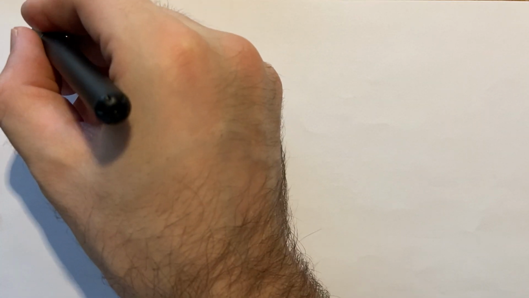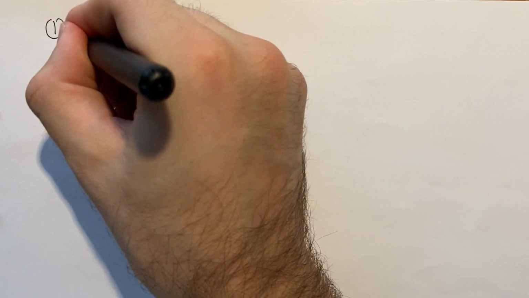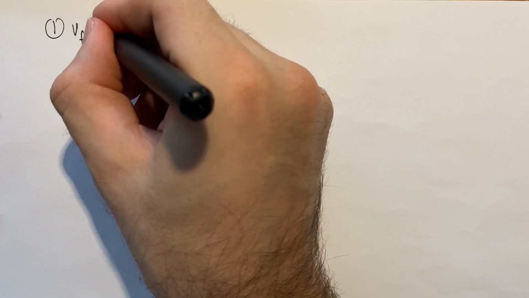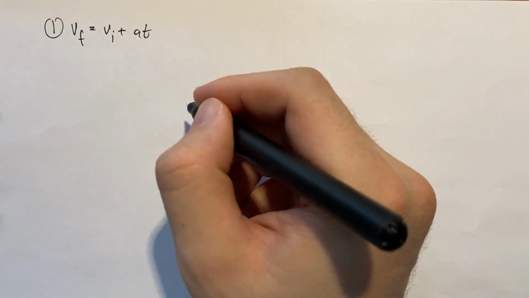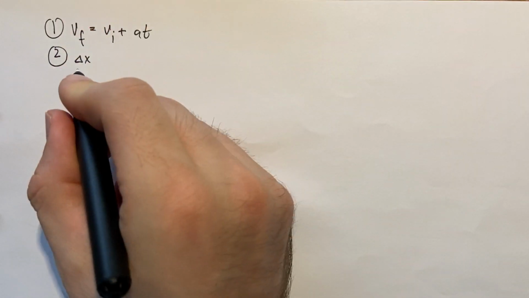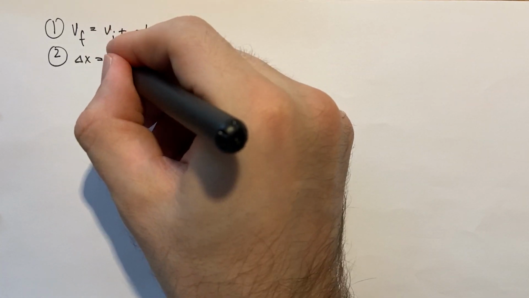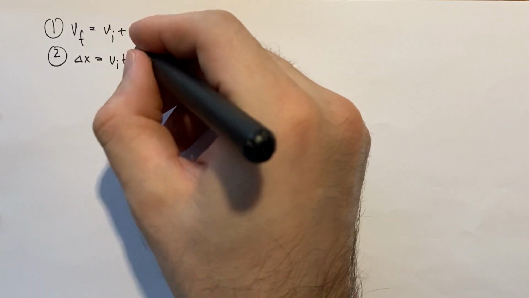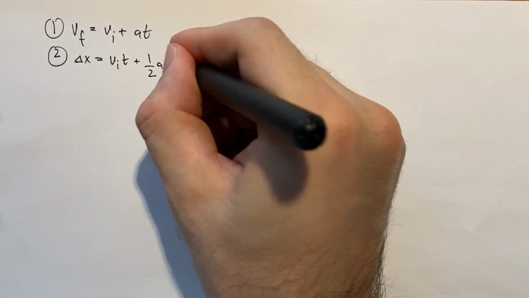Today we'll derive the 4 equations of motion, first through a geometrical algebraic approach and then through calculus. So the 4 equations of motion are, first one being final velocity equals initial velocity plus the acceleration times the time. Second equation of motion is the displacement delta x equals the initial velocity times the time plus half acceleration t squared.